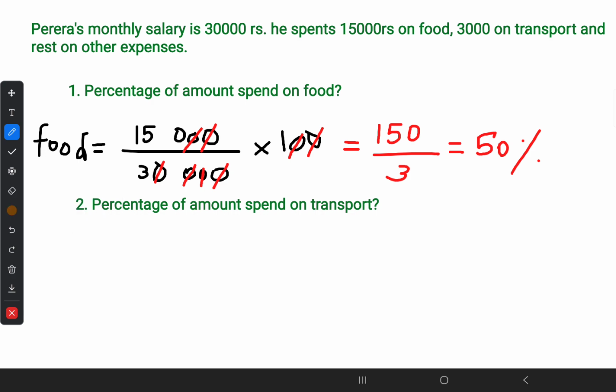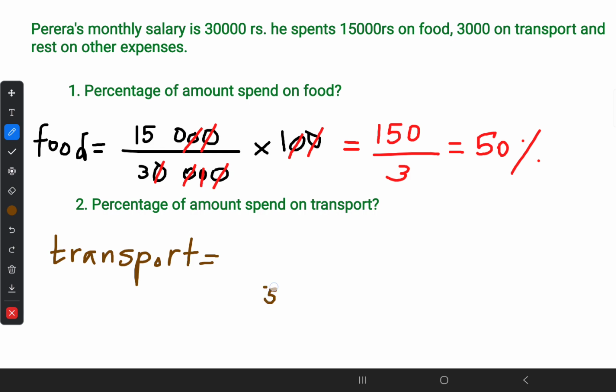Let's come to question number 2: the percentage of the amount spent on transport. Same as the previous question. So let's read the question once more. He spent just 3,000 on transport.